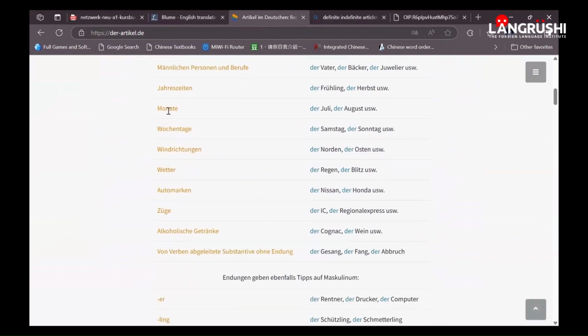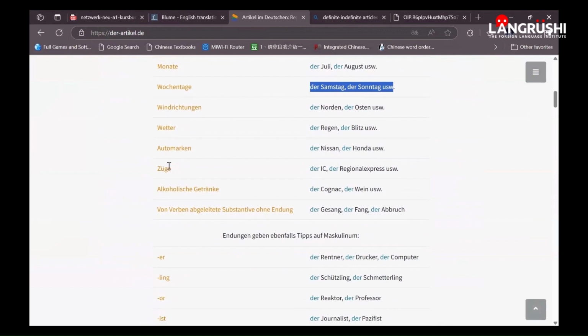Some of the Monate, months, Wochentage, that is the days that we learned yesterday, Windrichtungen, the directions, Wetter, Automarken, the car brands, Züge, that is the trains, alkoholische Getränke, alcoholic drinks. All of these are masculine.